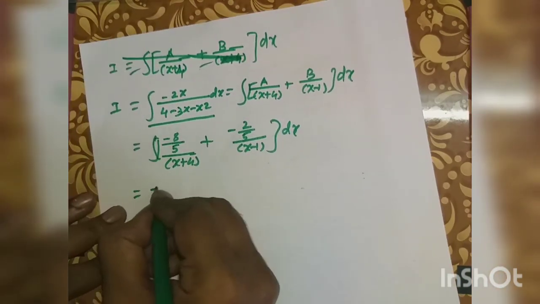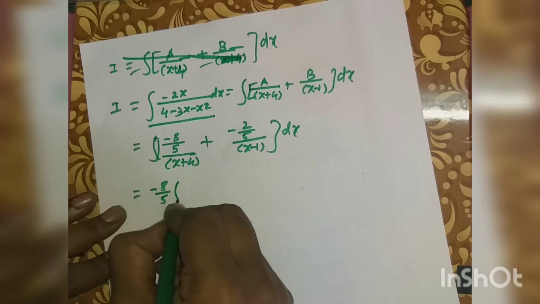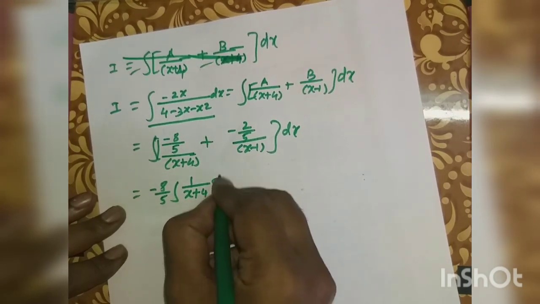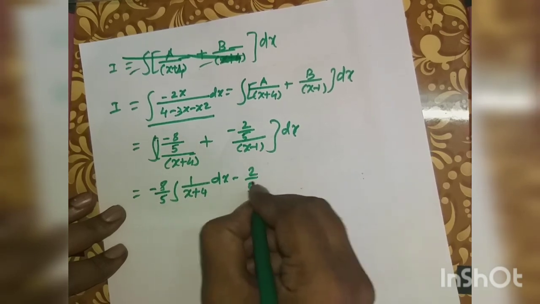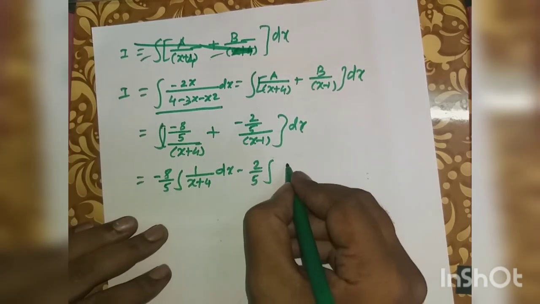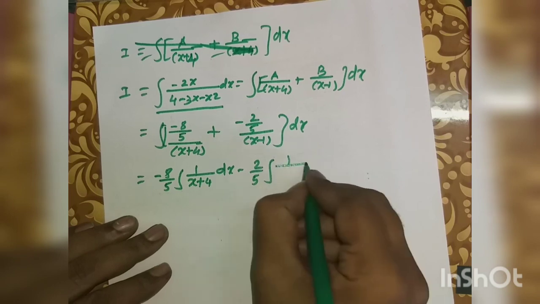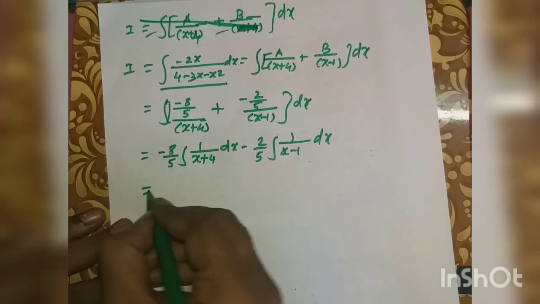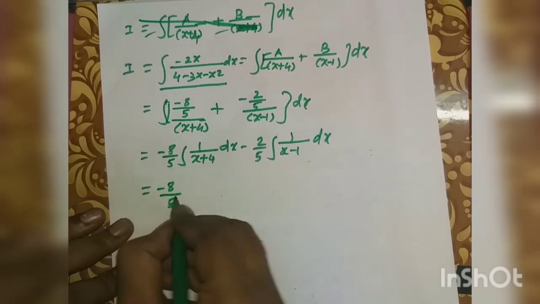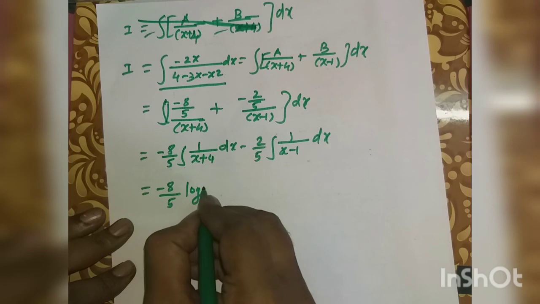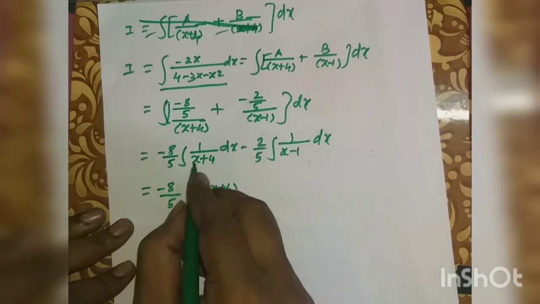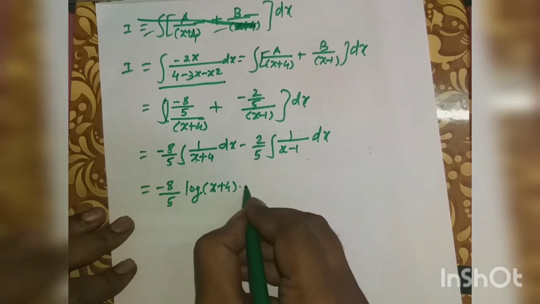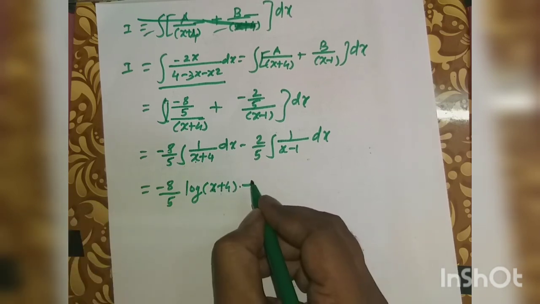Alright, separate the integration. Minus 8 by 5 is constant, integration of 1 divided by x plus 4 dx, minus 2 by 5 constant, integration of 1 divided by x minus 1 dx, is equal to minus 8 divided by 5 into log of x plus 4. The coefficient of x is 1, so we cannot divide by the coefficient of x because its value is 1.